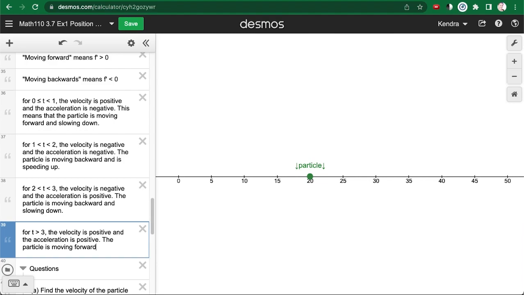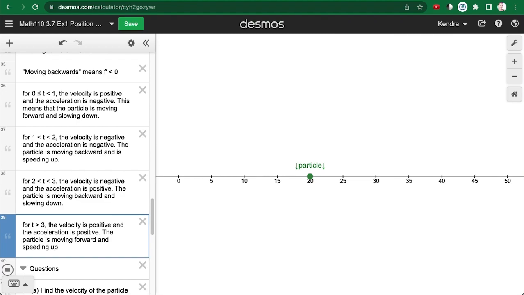If its derivative is positive, then it is an increasing function. So if it's positive and increasing, that means it's moving farther away from 0, which means it's speeding up. So not only is this particle continuing to move forward along this number line, it is getting faster and faster at every moment.